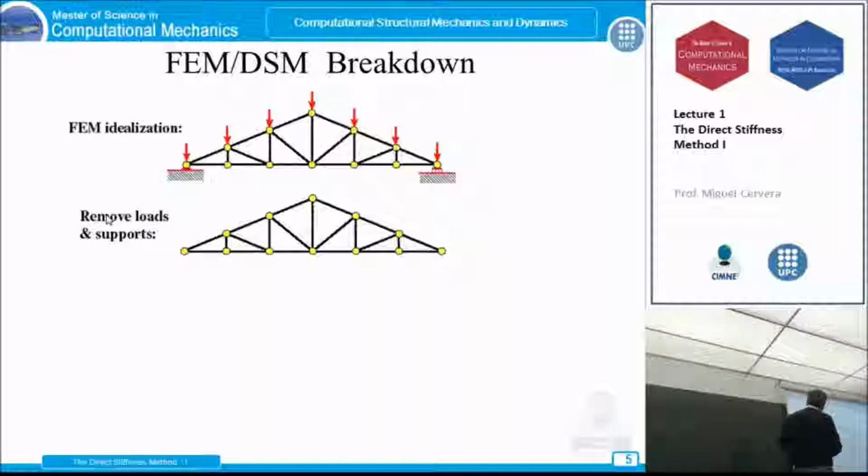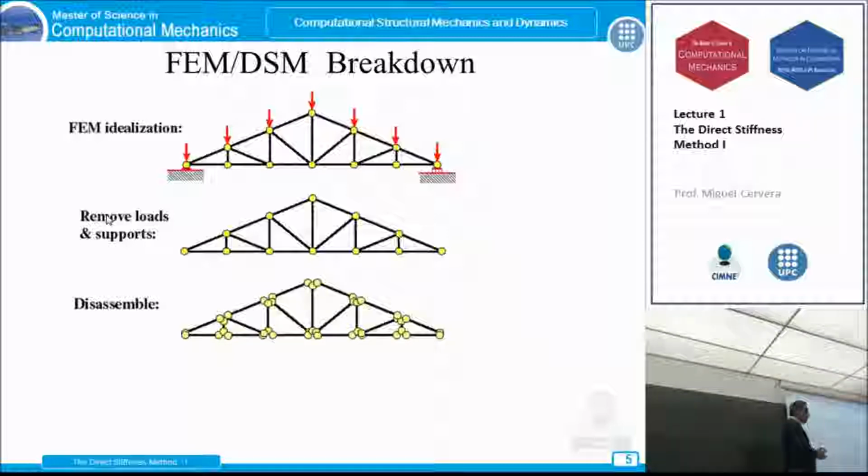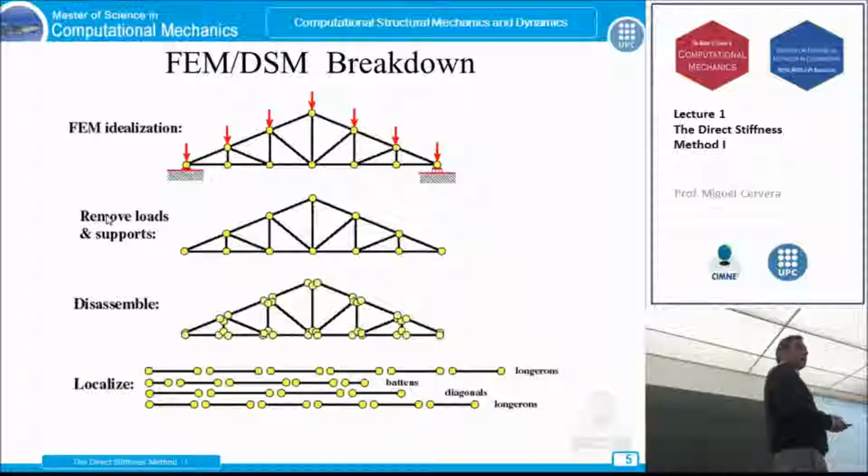Now, we disassemble. So we disconnect all the elements from each other, just like that. And we localize, which means that we put this element here, and this element here, and this element here. And we say, we have so many diagonals, we have so many buttons, we have so many lower longerons and upper longerons.